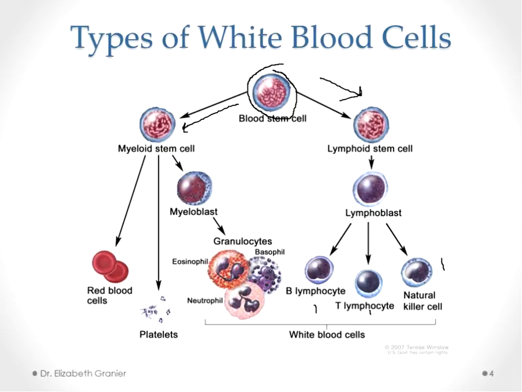T cells play a key role, and we learned this with AIDS, in being able to transition from non-specific immune defenses to specific defenses. So T cells are critical to turn on B cells and make them produce specific antibodies towards a specific pathogen, as well as to turn on other specific T cells that can target and kill cells that we know don't belong to ourselves or have been invaded and overcome by virus and bacterial pathogens.